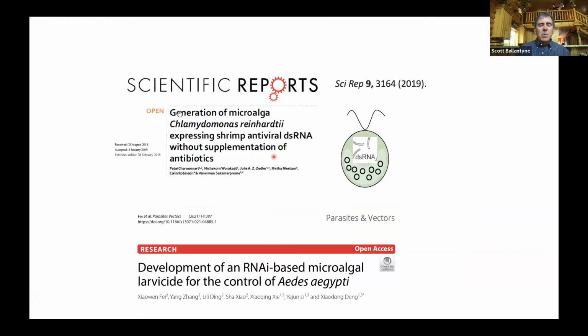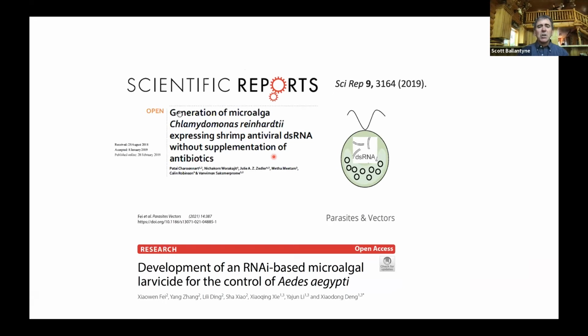We've seen several reports recently using this strategy. In this first one, they generated clammy that was targeting a gene from a virus. And that virus is a virus that infects shrimp. I guess they raise these shrimp in aquaculture facilities, and periodically they get die-offs because of infection by this virus.